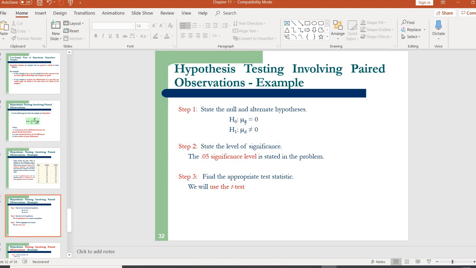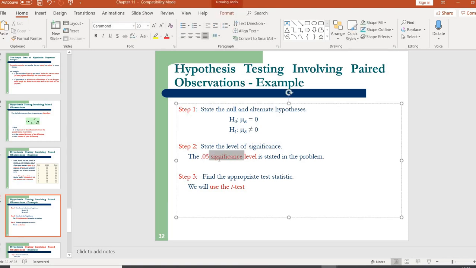Mu d means the difference in the mean of the two samples is 0. The alternate hypothesis says that the mean difference is not 0, so the two samples have different means.